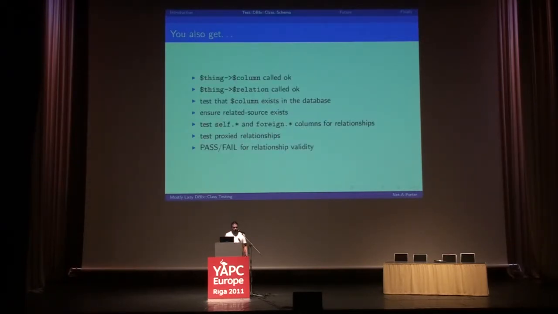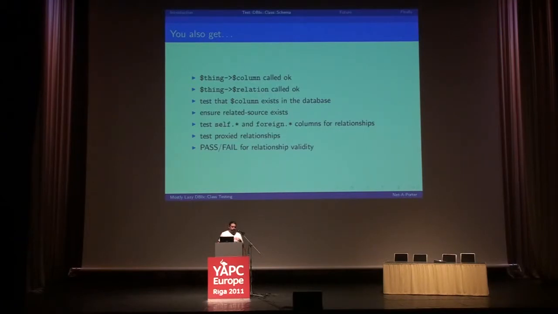You also get a long list of things that I can't remember. So it tests calling columns, calling relationships. It doesn't call custom methods because you can't guarantee they're not going to do evil things to your data. That's a different problem that I didn't want to deal with just yet.